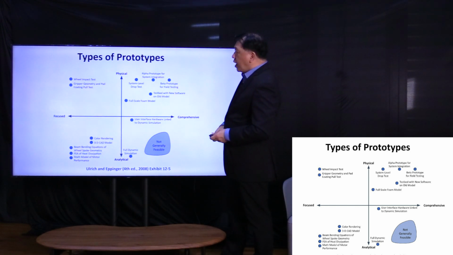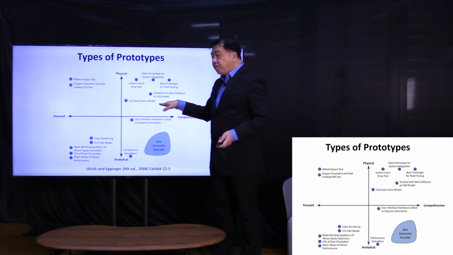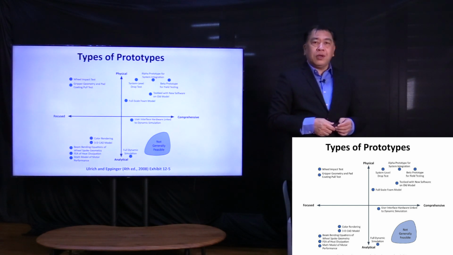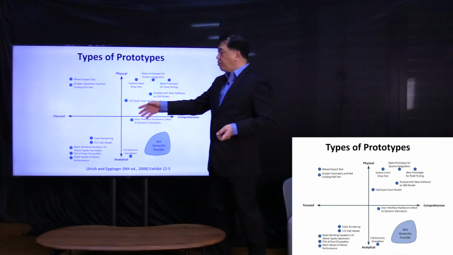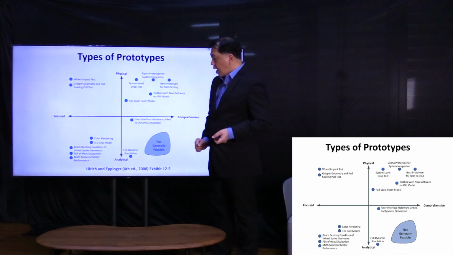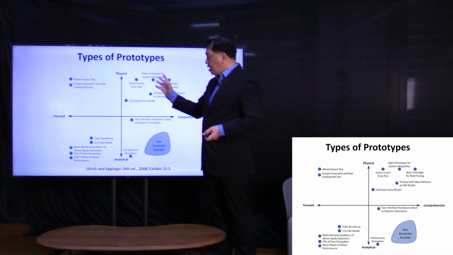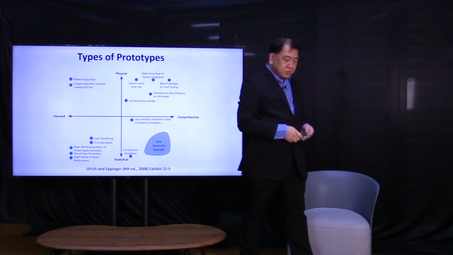We can see that from the CAD model of, let's say, a wheel, to a foam model, to eventually building the whole hardware. In that sense, most of the time we'll start from focused and analytical, then move to focused and physical, and then to comprehensive physical.